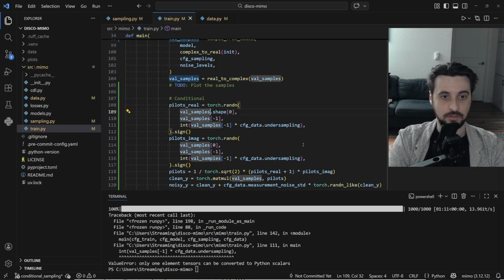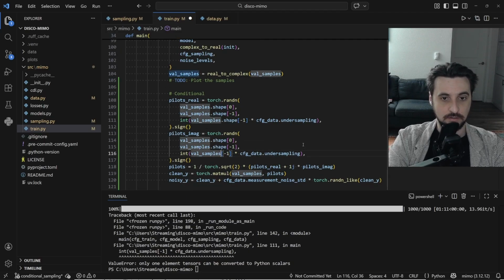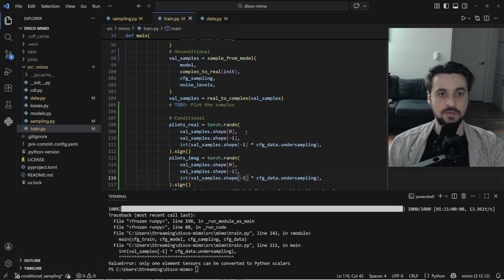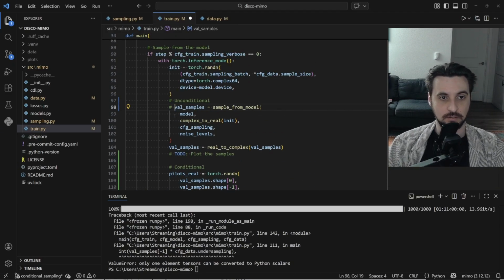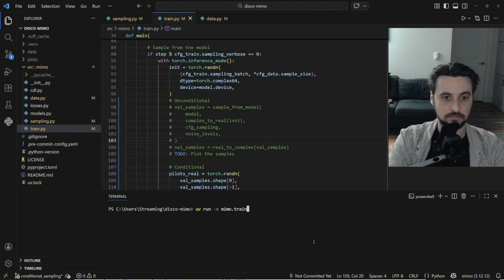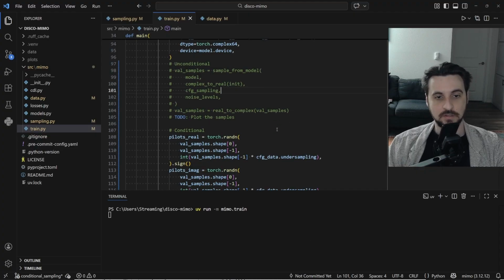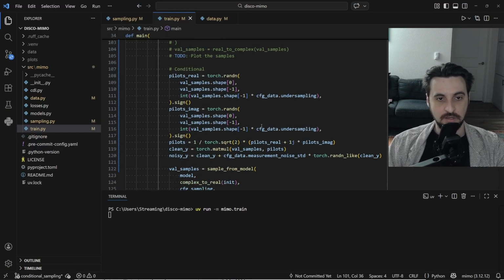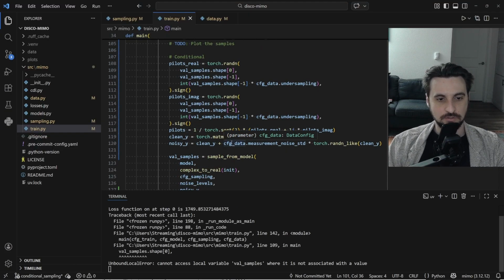No, what am I doing here? Sorry, it's all shapes. All right, so this is a big mistake. It's not a matrix. Okay, and let me comment this part out then, so we don't have to wait for it, and try again, because now it'll go straight to the thing. Now I think I'm going to get tensors.